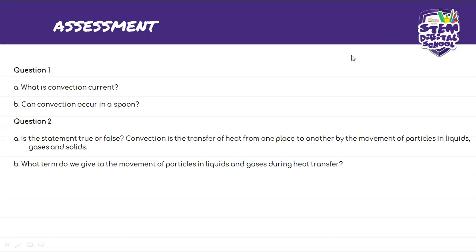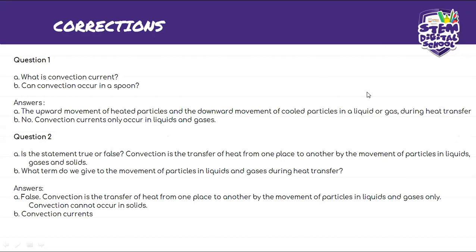Okay, now let me quickly give you the correction. You can take a snapshot of this. Is the statement true or false? Convection current is the transfer of heat from one place to another by movement of solids, liquids, and gases.